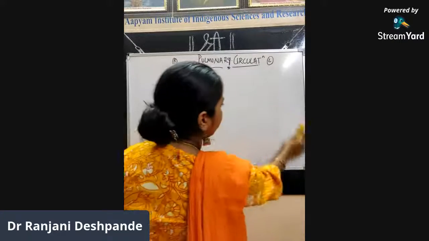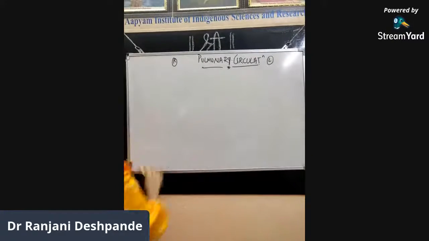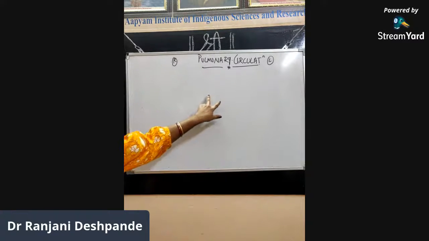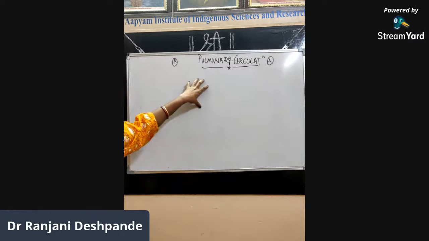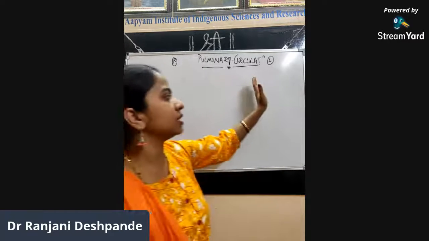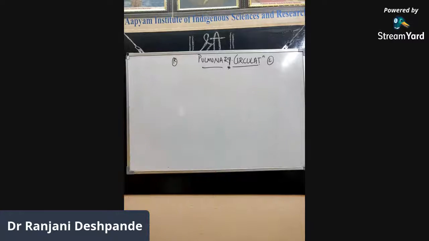So the main thing to remember is the pulmonary artery exiting the heart, giving two branches, and then the two branches entering the lungs, and we have two pulmonary veins coming from the right and two pulmonary veins coming from the left lung, all four of which will enter the left atrium.